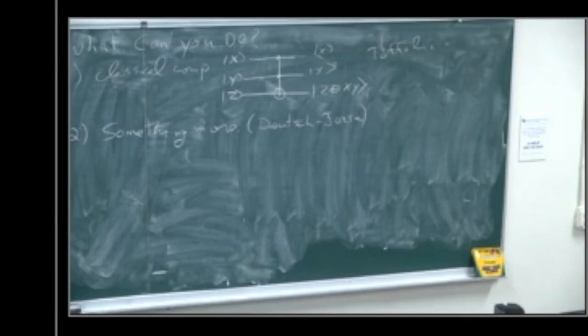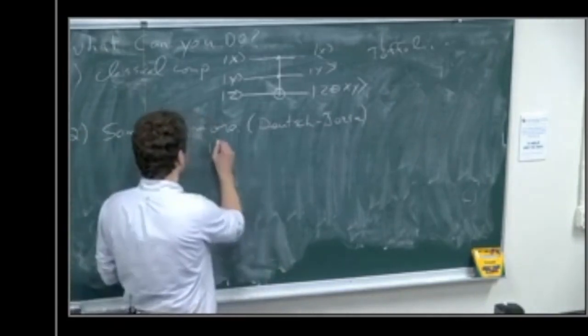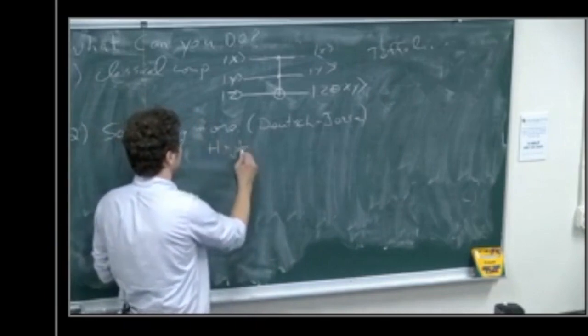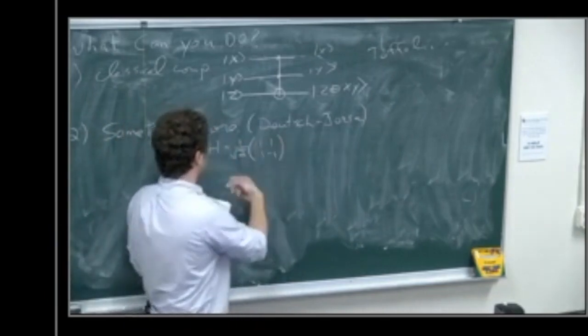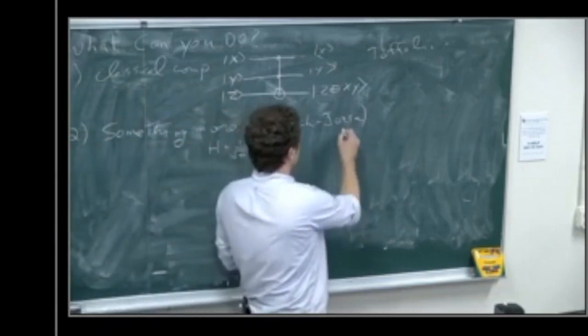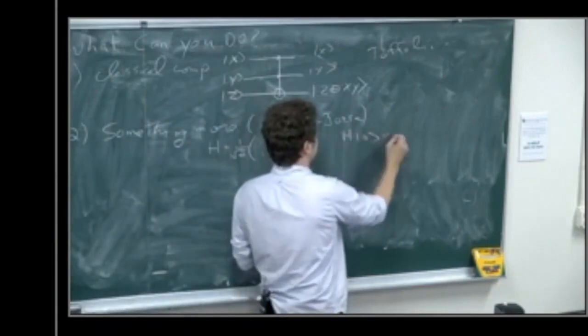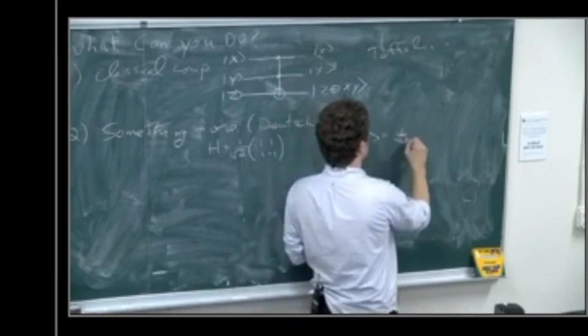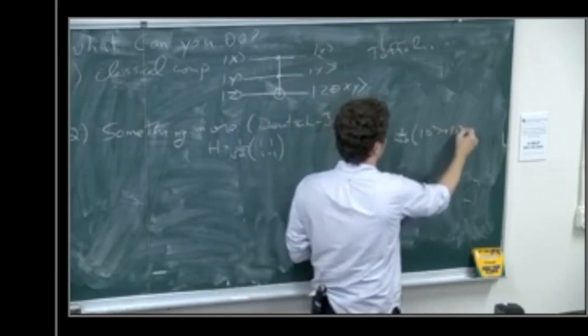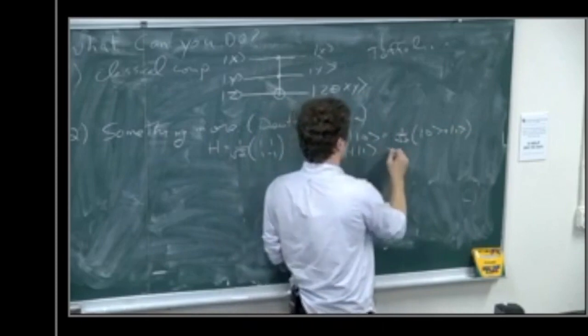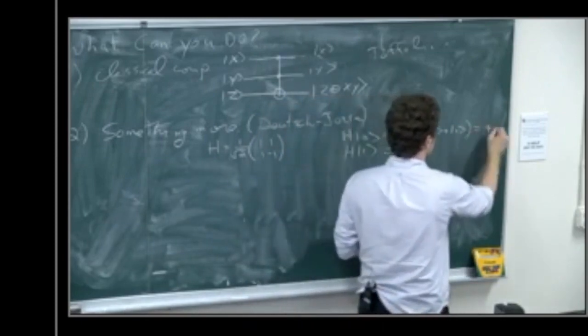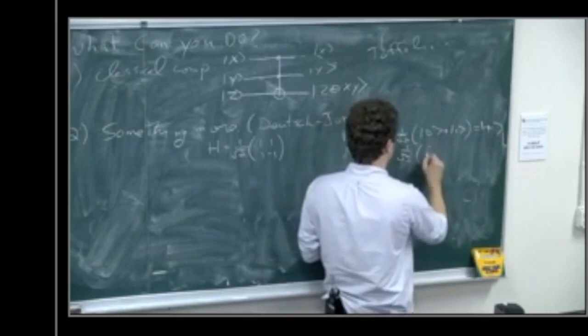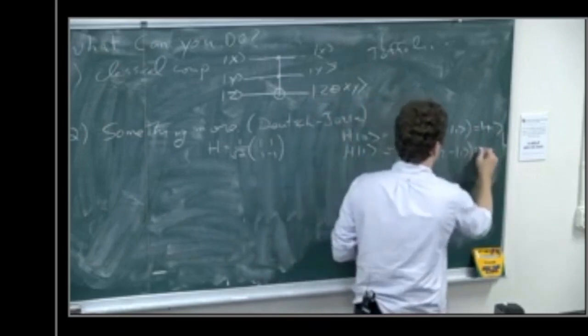Okay, and it's going to involve a specific gate that is kind of like a very non-classical gate called the Hadamard. It's a single qubit gate. So you see it's a unitary, and it just maps a zero state to a plus state, and a 1 state, we call this plus, to a minus state.